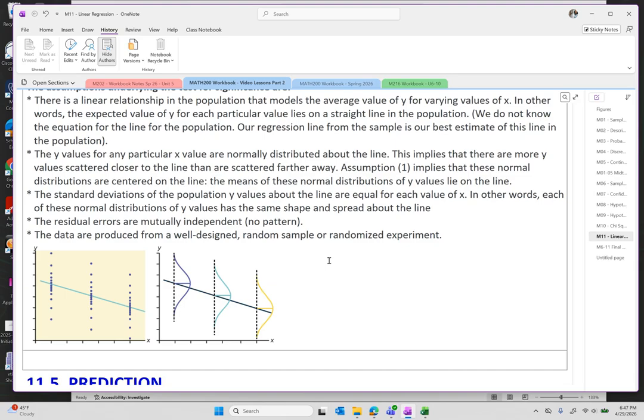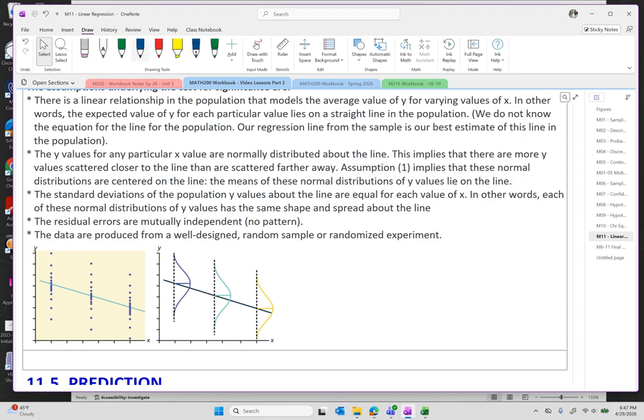The y values for any particular x value are normally distributed about the line. What does that mean? You have y values concentrated close to the line for every vertical value of x, and then less and less values in some normal fashion are farther away from the line.